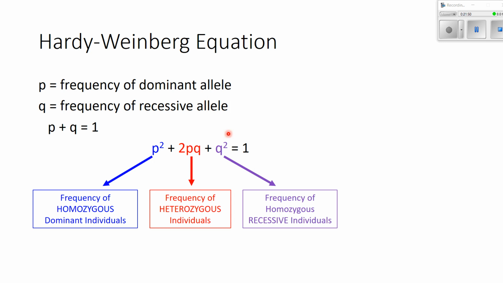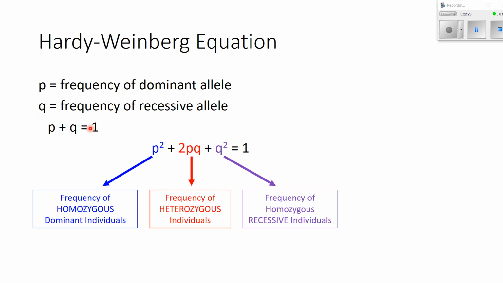And I'll tell you another little rule of thumb to maybe jot down here. It is always safest to solve for Q first. Figure out what Q is, and then base everything off of Q. Because if you know what Q is, then you can subtract from 1 and figure out the value of P. So unless they just flat out give you the value of P, don't ever try to solve for P. Always find the value of Q first and base every calculation off of that Q value.